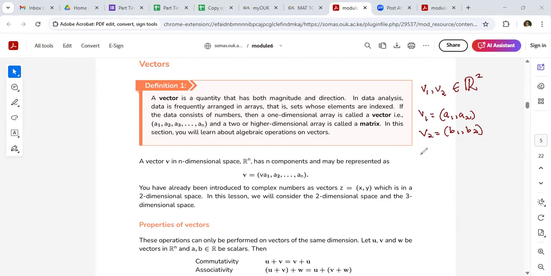So far we'll look at vector addition and scalar multiplication, whereby you're multiplying a vector by a scalar.